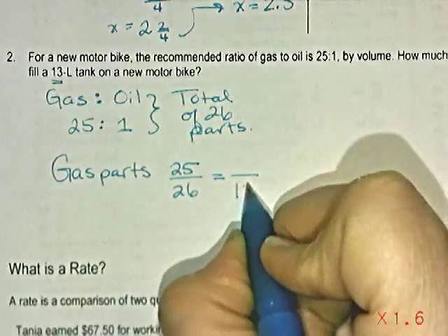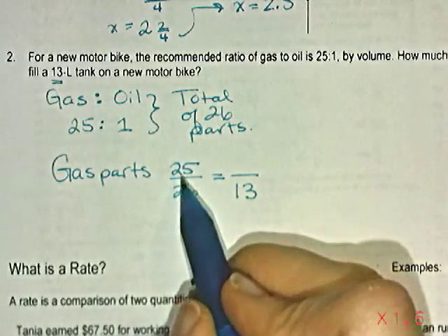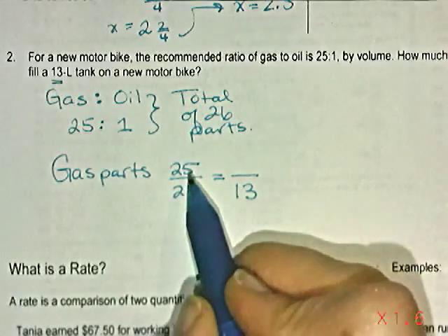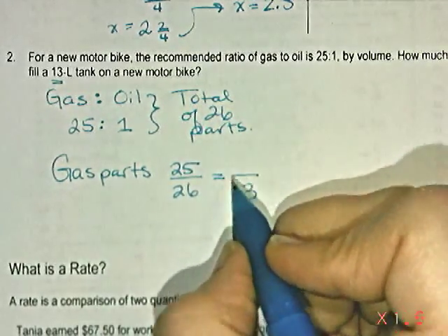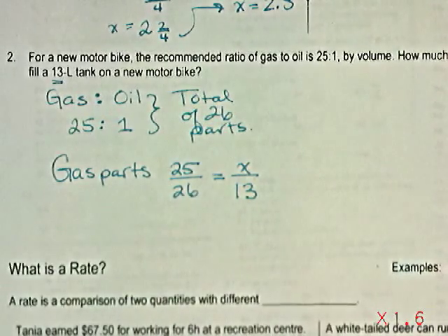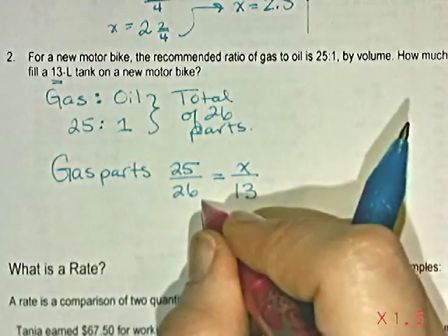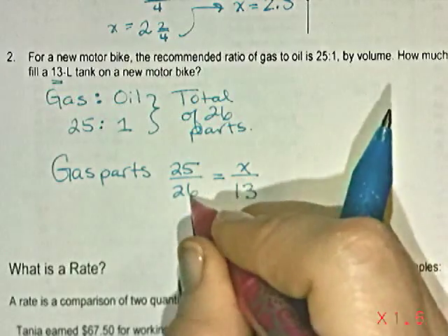My gas tank only holds 13 liters. So if 25 out of 26 liters needed to be gasoline, but I'm only holding a 13-liter tank, let's put a variable in there to hold a spot for the number we're trying to find, and we could do our cross multiplication, multiply up the 13 and do our math.